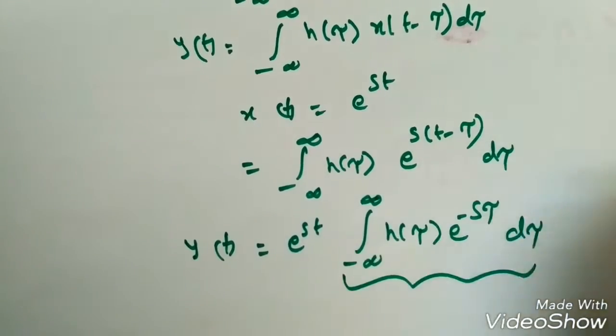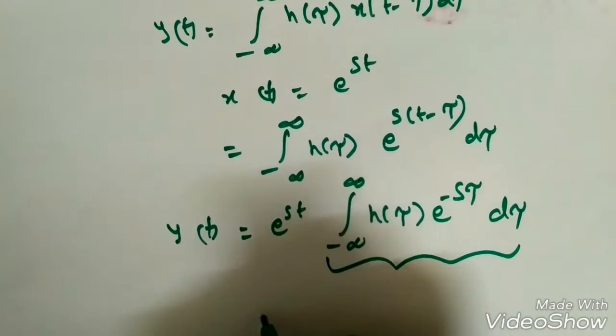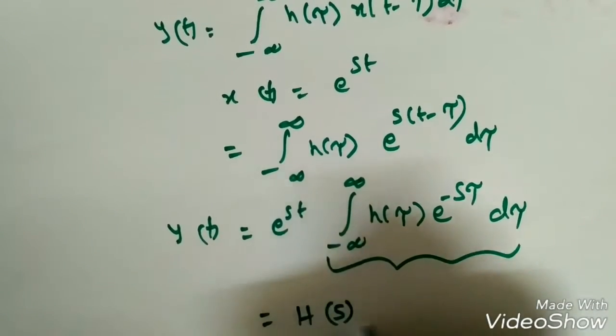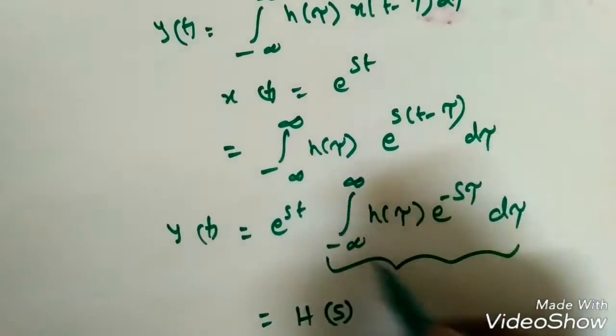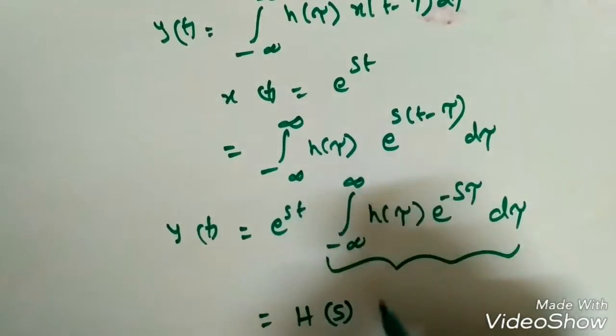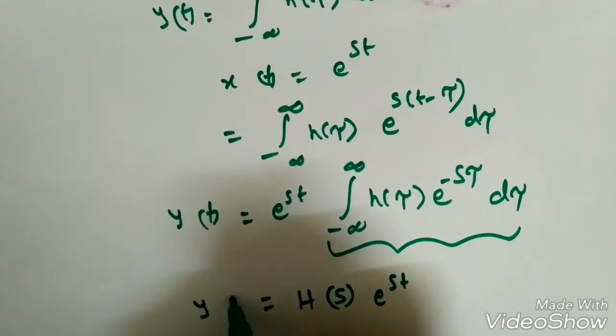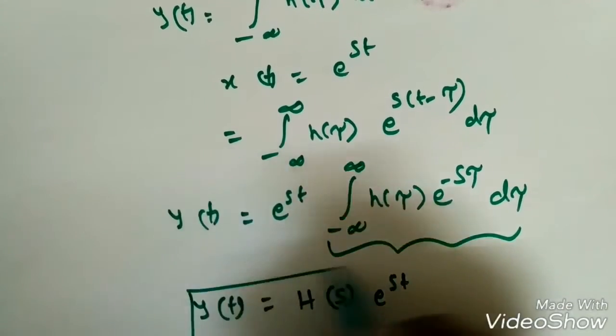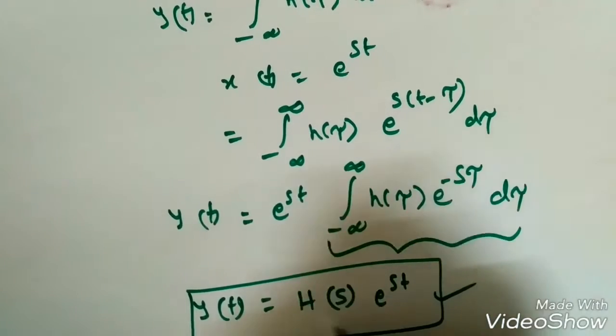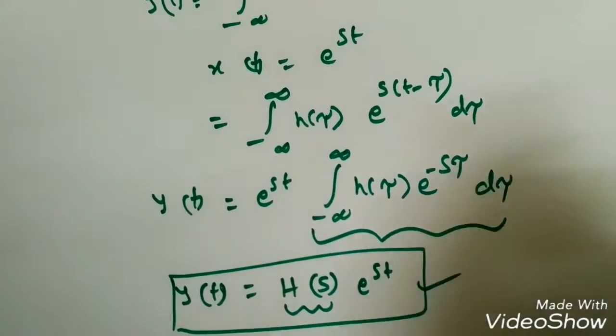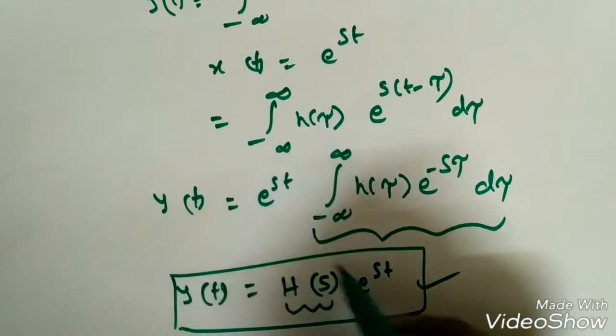Now this function is generally what we call H of s, which is the Laplace transform formula. So H of s into e power st is y of t. So this is the amplitude; generally we say it's a constant.